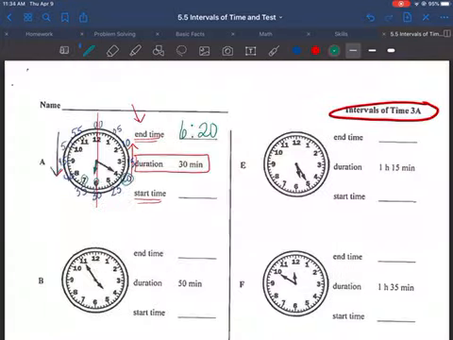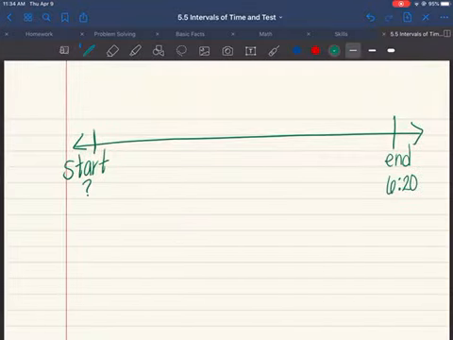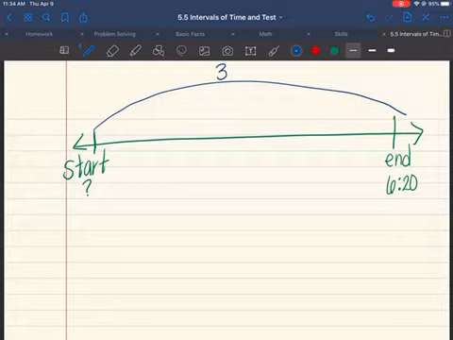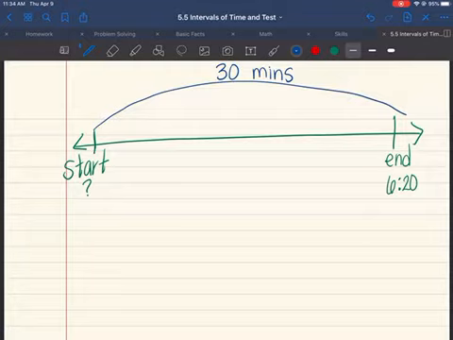And we also know that the event took 30 minutes. So from here to here, it was going to be 30 minutes. Now, since we know the end time, but we do not know the start time, we have to work backwards.